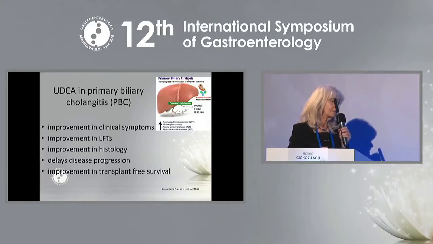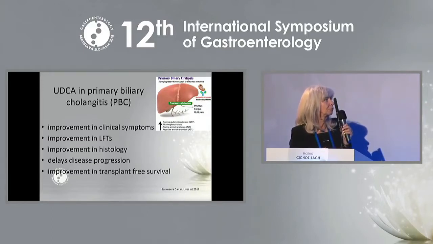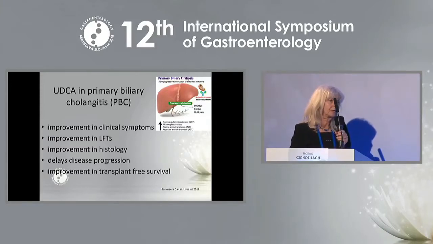Patients with an early stage of disease present better improvement in histological, biochemical and clinical results in comparison to patients who remain in a late stage of disease. So UDCA is recommended in all patients with PBC, even with normal results of liver function tests. UDCA delays the need for liver transplantation in patients with PBC and delays death. Its role in patients who are in late stage of disease is still questionable.